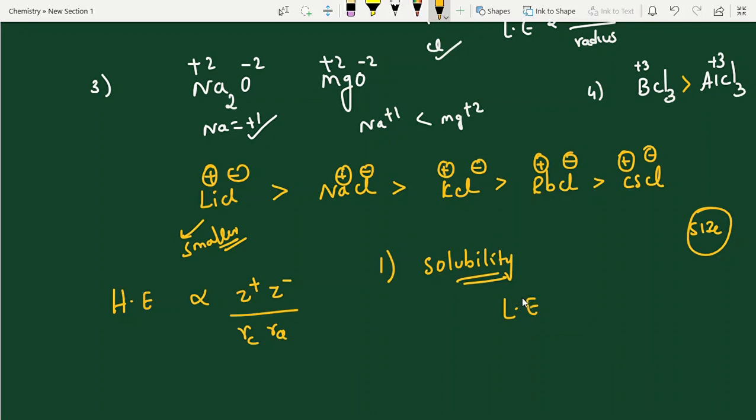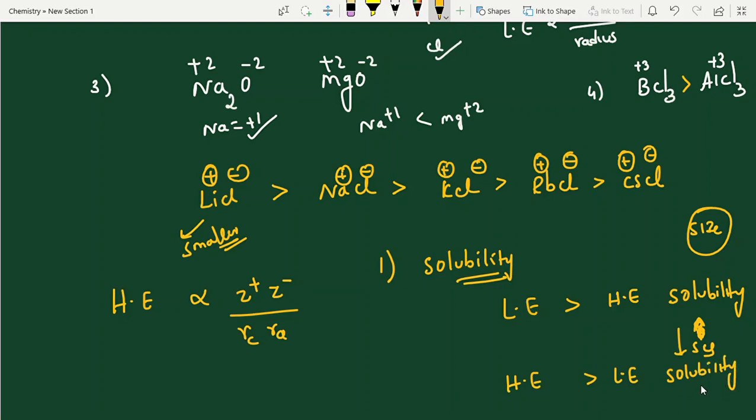Smaller ions have more lattice energy, more hydration energy, no doubt. But whenever lattice energy dominates hydration energy, then solubility decreases. Next, whenever hydration energy dominates lattice energy, then solubility definitely increases. Hydration means attractions, attracting water. So solubility is increasing. Clear, students?